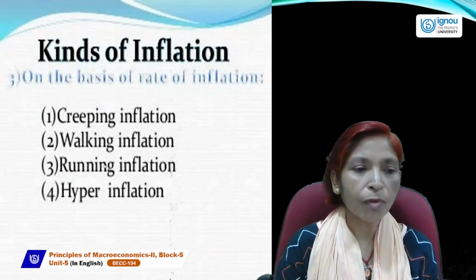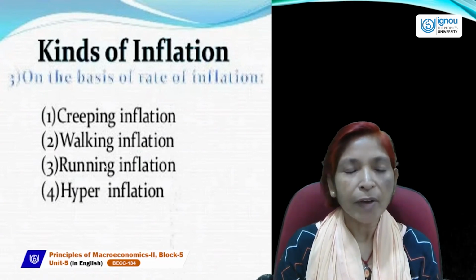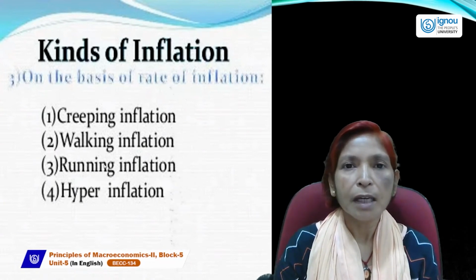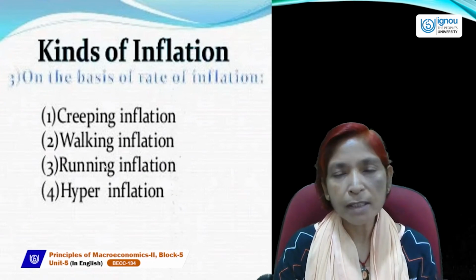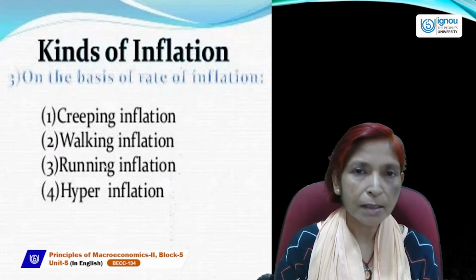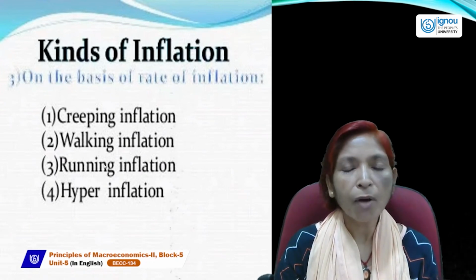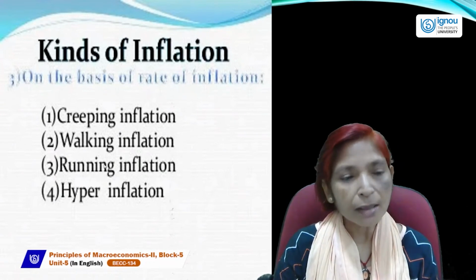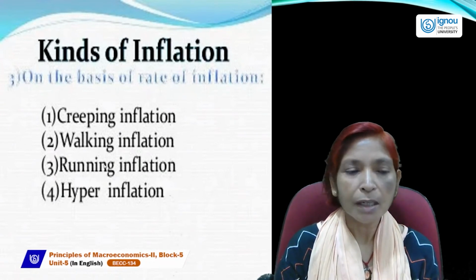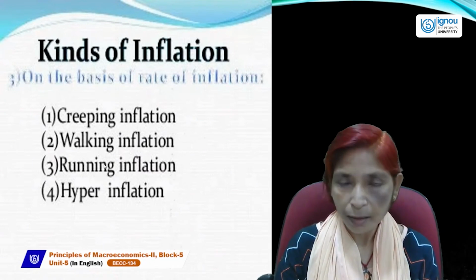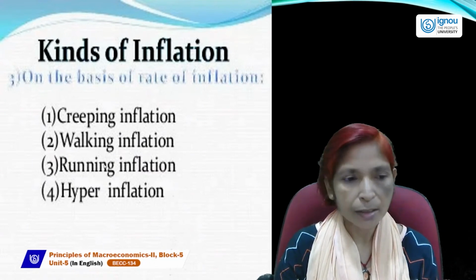Second is walking inflation. When the inflation rate is between 6% to 8%, that will be known as walking inflation. In this case, inflation is walking, it means inflation is increasing, but not at too high a rate.